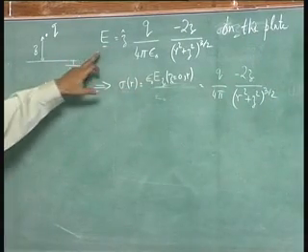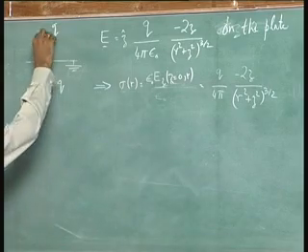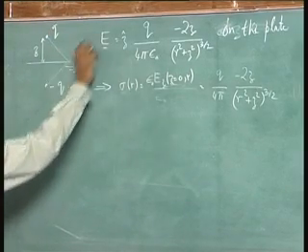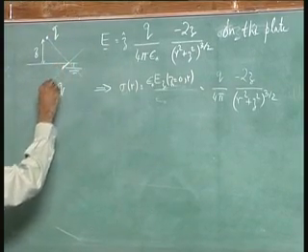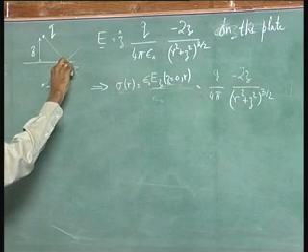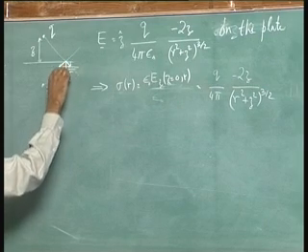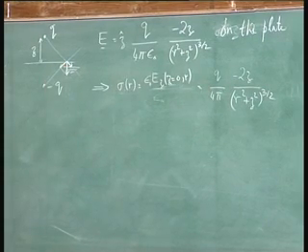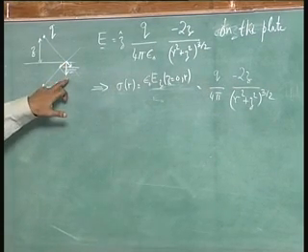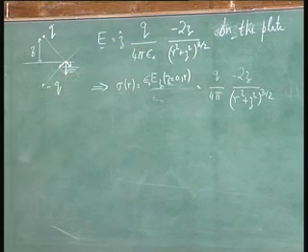What it says is that the electric field is purely in the z direction. You have an attractive force towards this negative charge, a repulsive force from this positive charge, and when you add them up, the electric field is in the negative z direction. So that is what you see, z hat with a minus sign.